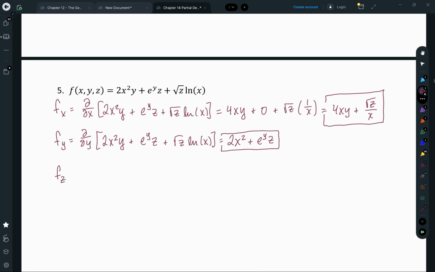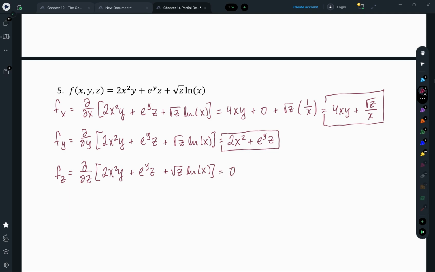Last but not least, f sub z. We're taking del z of 2x squared y plus e to the yz plus root z ln of x. The first term is 2x squared y. There are no z's, so that's going to give me a 0.